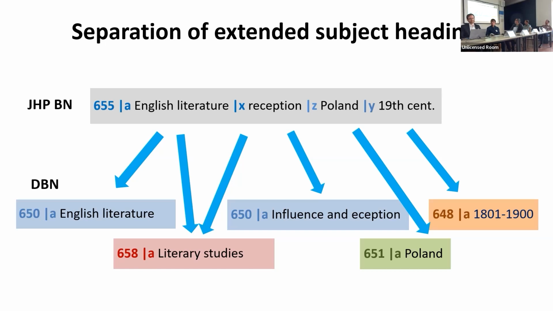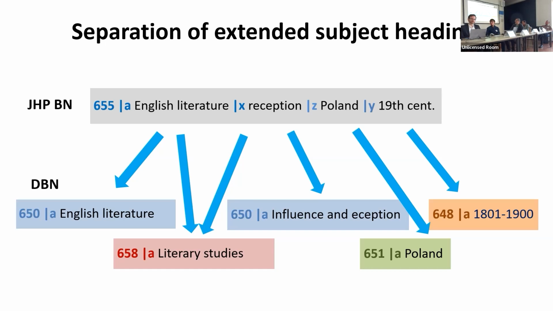There were headings such as English literature, reception, Poland, 19th century, for example. And they were separated into different descriptors: subject descriptors, English literature, influence and reception. Oh, I'm sorry, the R is missing here, influence and reception.